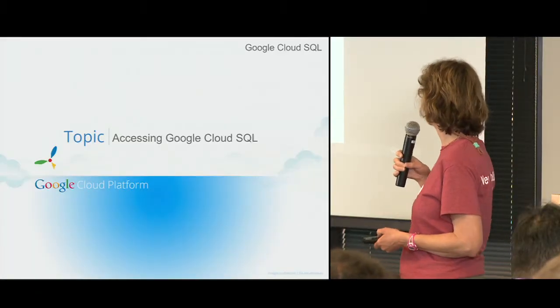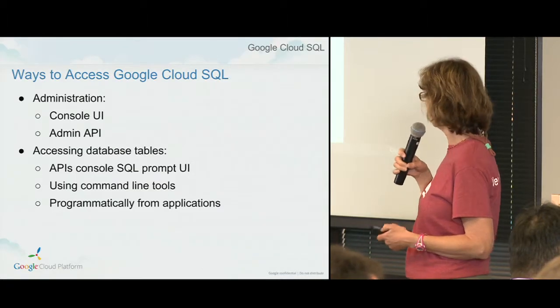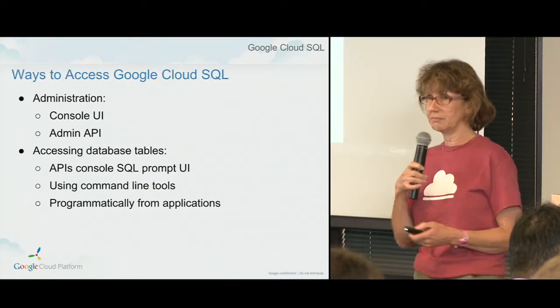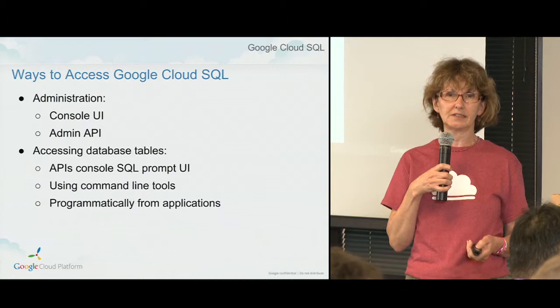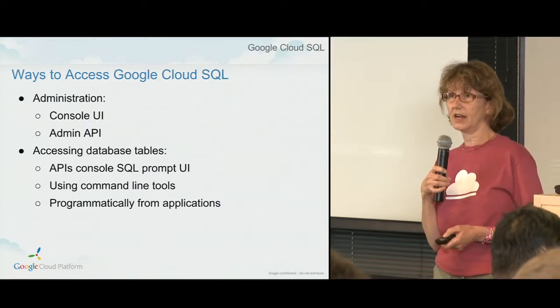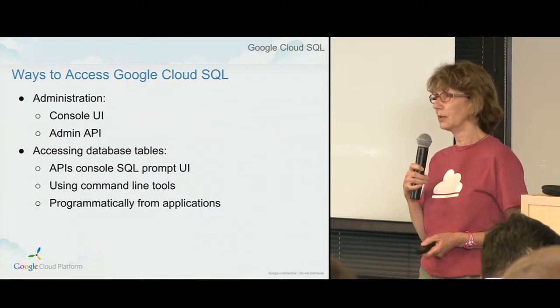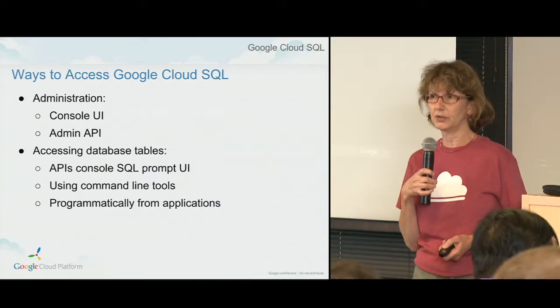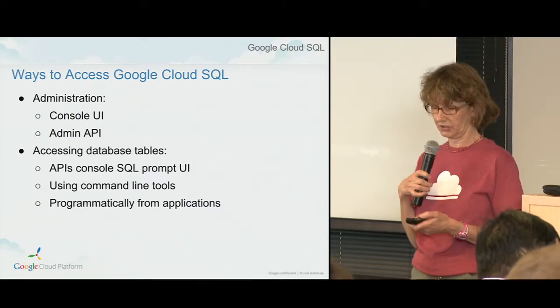Okay, so now I'm going to talk about how you access your Google Cloud SQL instance. There are different ways to access it. If you want to administer it, like create your instances, schedule your backups, that kind of stuff, we have a nice UI for it. We also have an admin API, so you can do it programmatically if you want to.